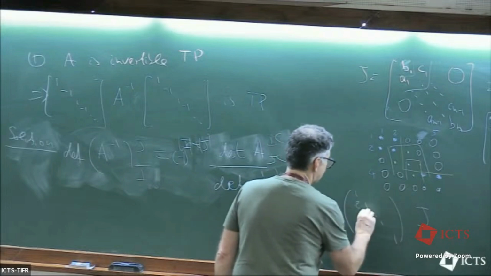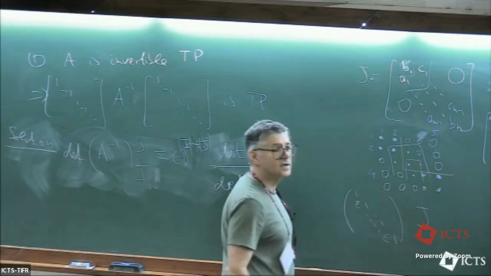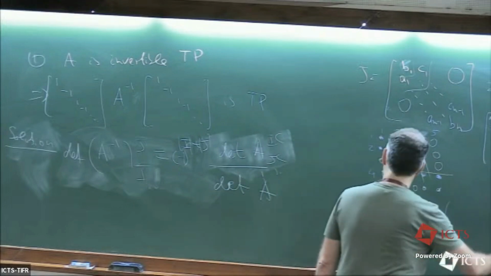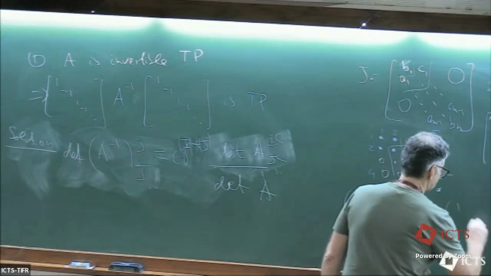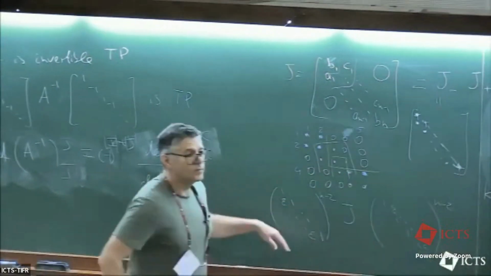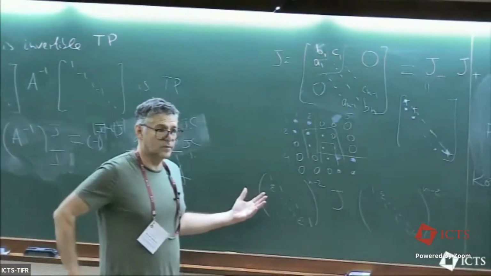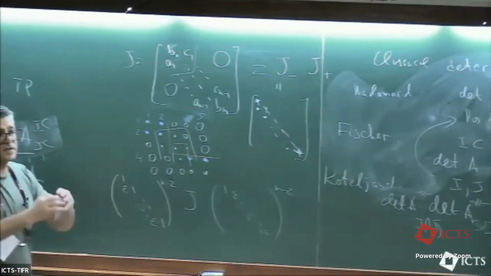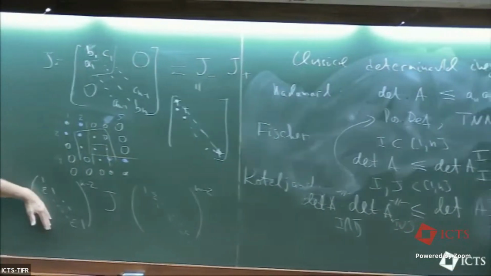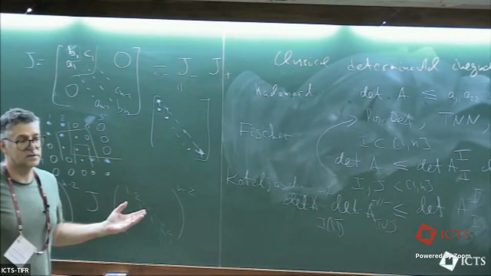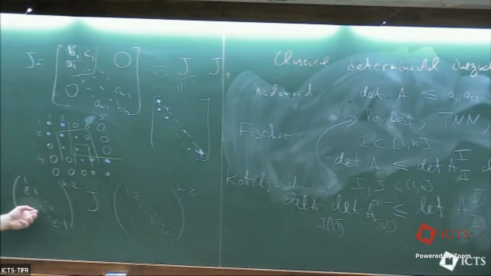And again I'll take epsilon, but now epsilon is positive, and raise it to the power n minus 2. Then on the other side, you do the same. Because of Binet-Cauchy, this will fill up our matrix completely, and since this is totally non-negative, this is totally non-negative, this is totally non-negative, you'll see that everything will be positive. But the perturbation is small because epsilon is small.